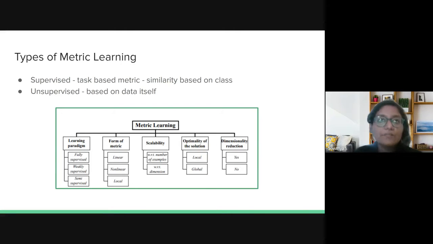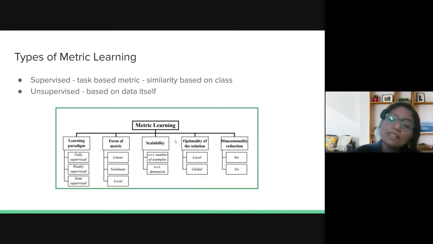Local in the sense, this is an interesting thing in vectorial representations, where you say that some properties are true only locally. For example, in KNN, in K nearest neighbors, you're taking basically the distance of only the nearest neighbor. So that is called a local kind of metric learning.